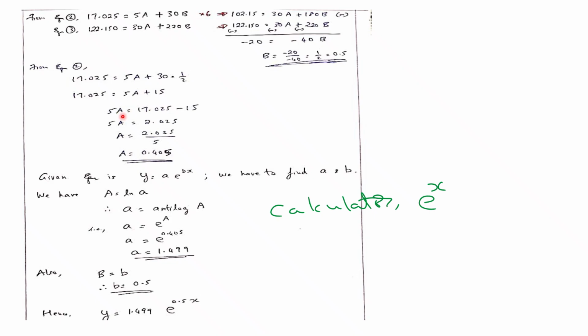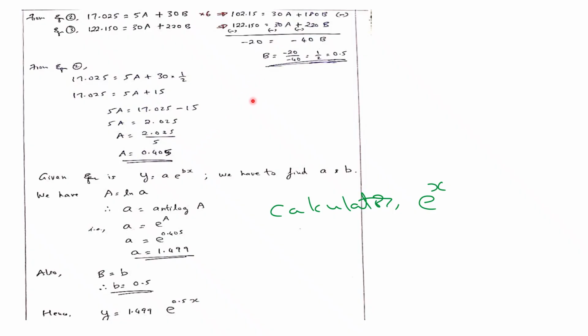So keep that 5a on one side and shift this 15 to the other side. So 15 becomes minus 15 when you shift it to the other side of the equation. So 17.025 minus 15. So 5a is equal to 2.025, or a is equal to 2.025 by 5, or a is equal to 0.405. Now we have obtained capital A and capital B.